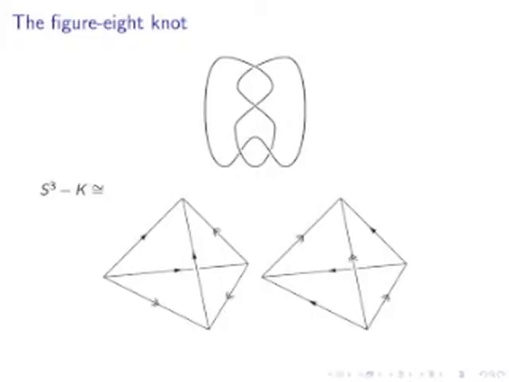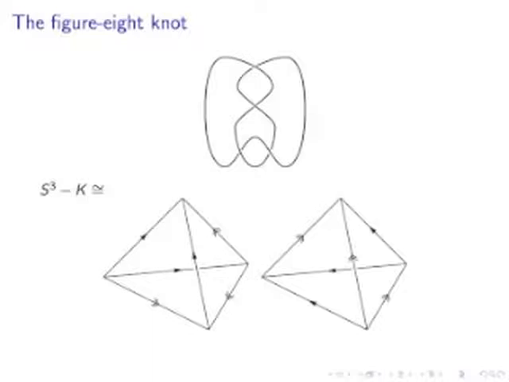Here's the figure-8 knot, and I think it was Riley who was the first to impose a hyperbolic structure on its complement. This was also studied by Thurston, and the way that Thurston described it is as follows. Here's a really amazing fact, which is completely not obvious, that the complement of this knot is homeomorphic to this space here.